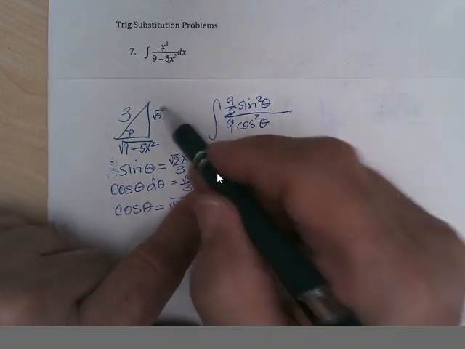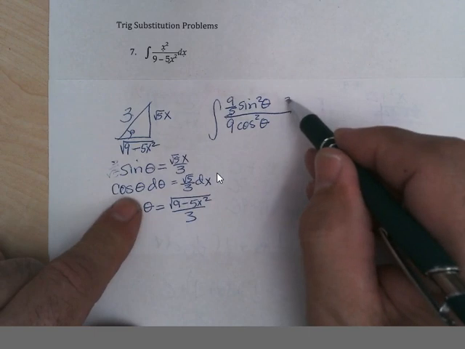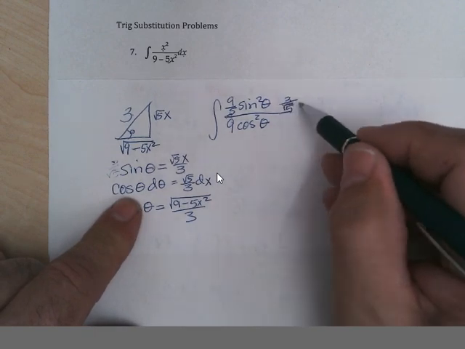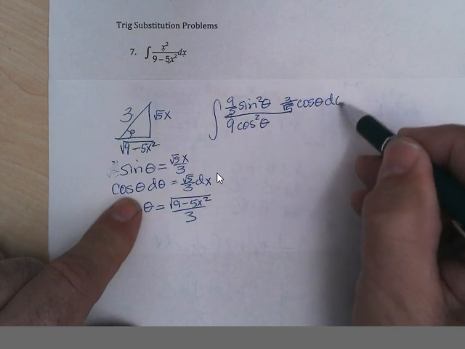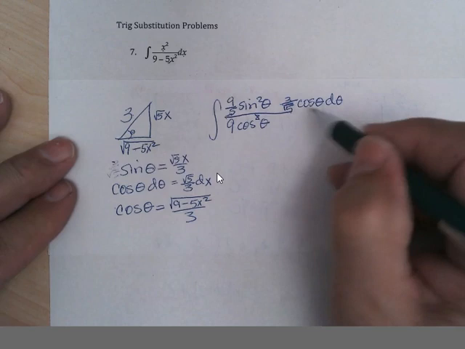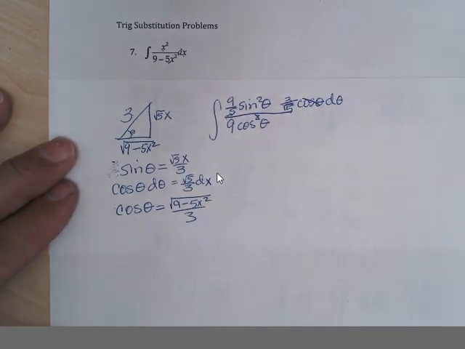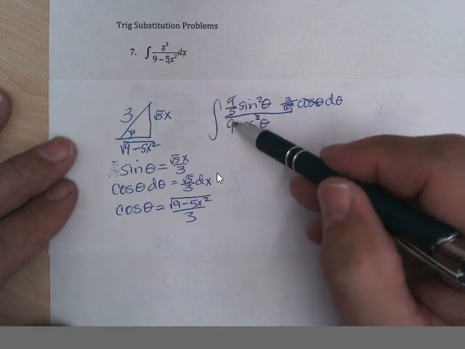And the dx becomes 3 over the square root of 5 cosine theta d theta. So one of the cosines cancel. The 9's would cancel.